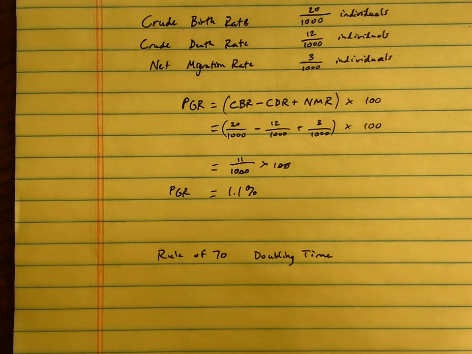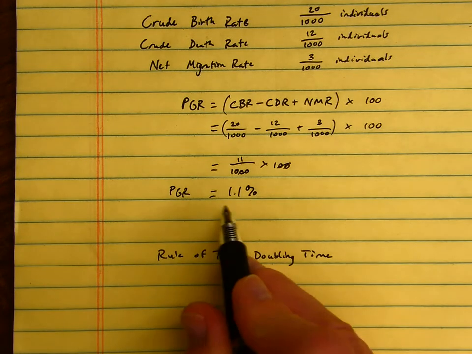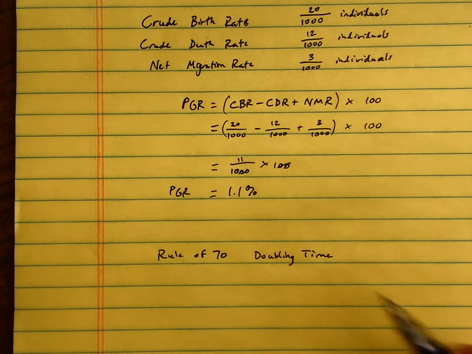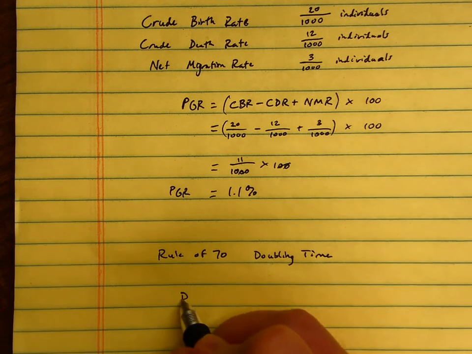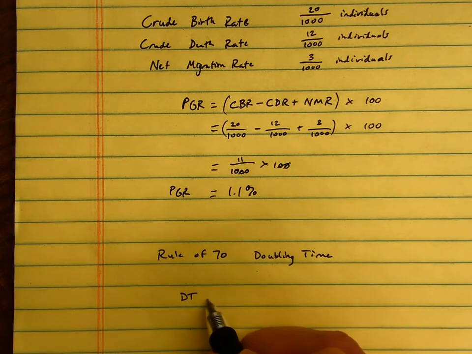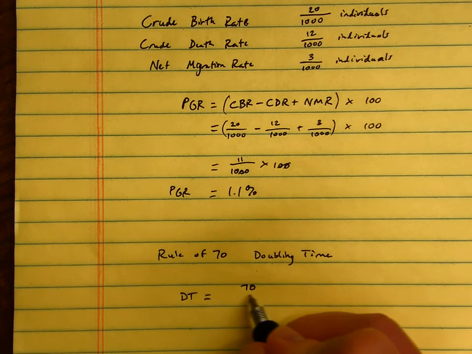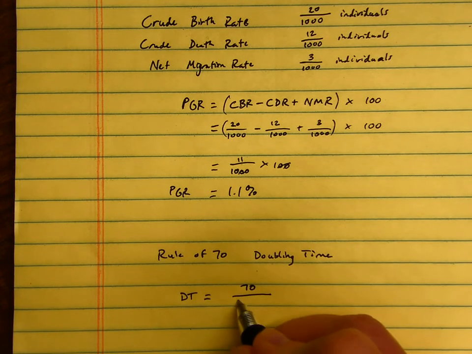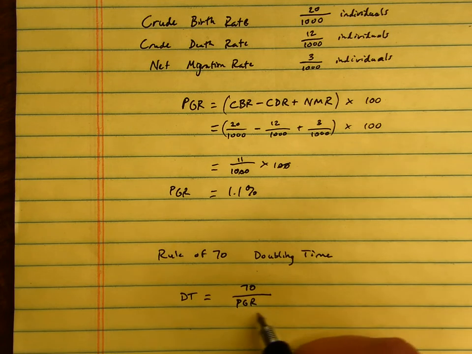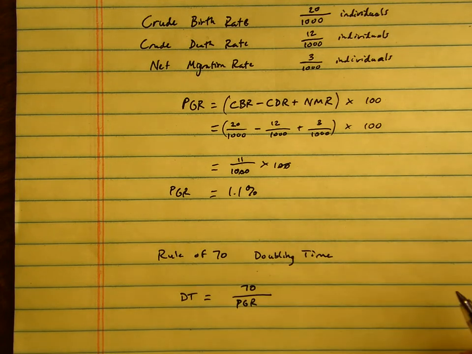So if we have a population growth rate of 1.1, all you do, I'm going to write dt, that's doubling time. The doubling time equals 70 divided by the population growth rate, or just simply the GR, growth rate.